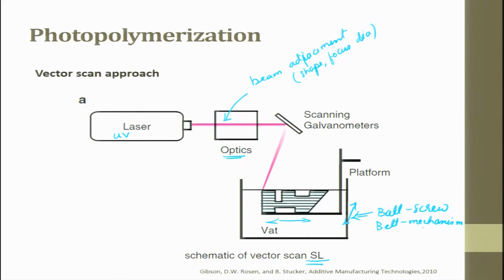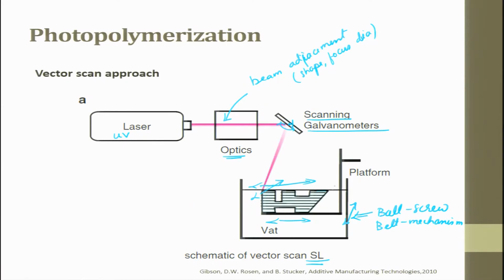In order to avoid this, nowadays we try to go for a scanning galvanometer. This galvanometer sweeps in one direction, it is pivoted here in one direction. So it hits a layer of polymer and cures it in the X and Y plane, moving over the X and Y plane of a single layer.